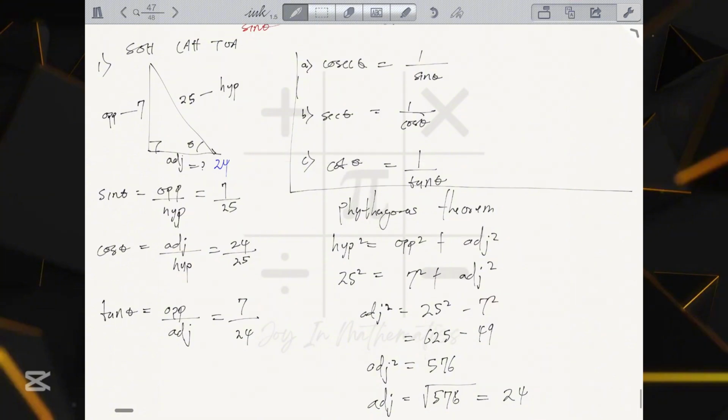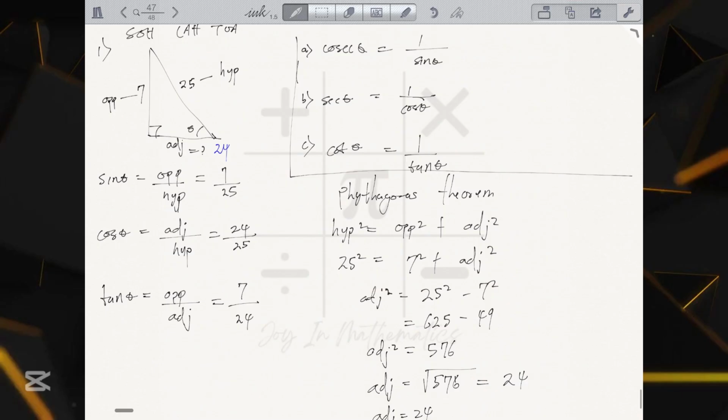Now let's go back to the original question. The original question says we should evaluate cosec theta, sec theta, and cot theta. So we'll understand we're finalizing here. Let's simplify our 1 over sine theta. Sine theta is 7 over 25. So the reciprocal of 7 over 25 is 25 over 7.